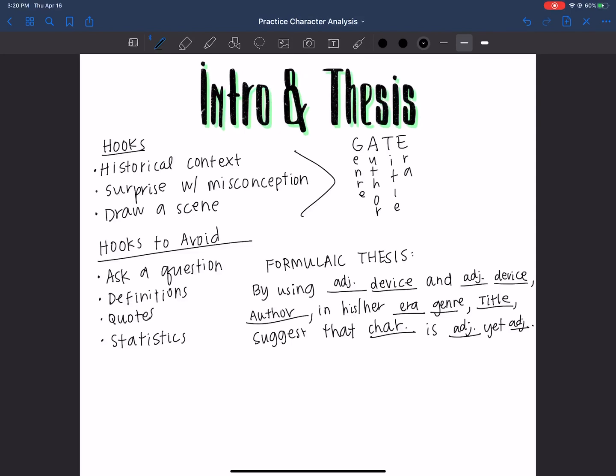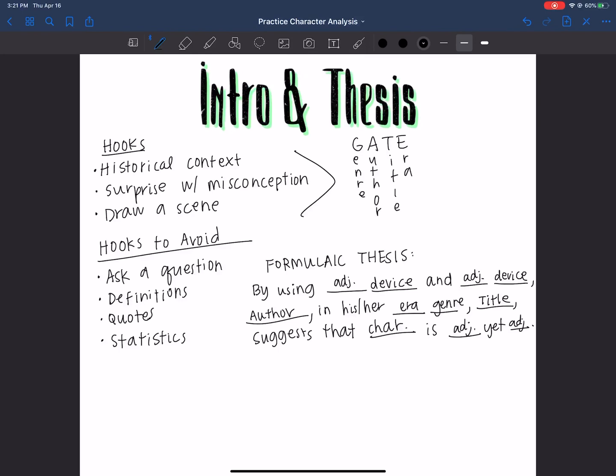So by using blank device and blank device, the author in his whatever book suggests that whatever the character is blank and blank, or blank yet blank. That is very, very formulaic, but it does meet the requirements of what a thesis needs to have.